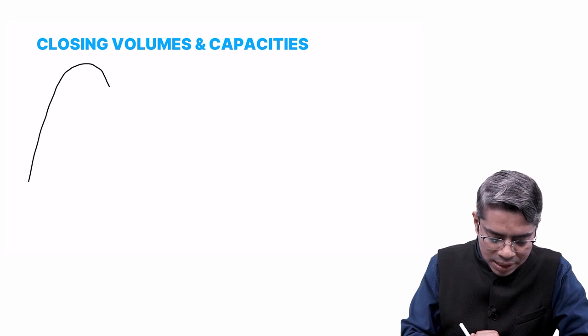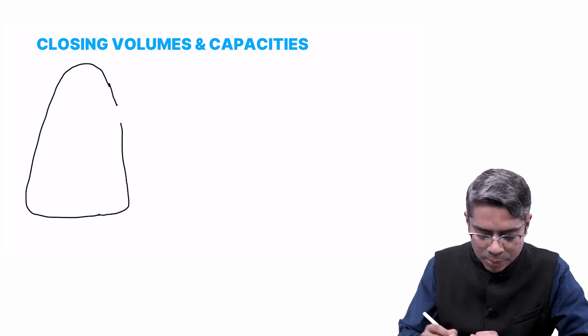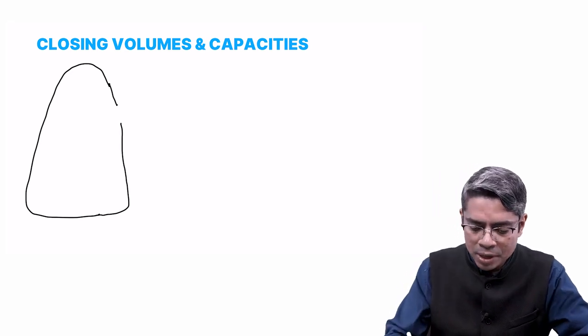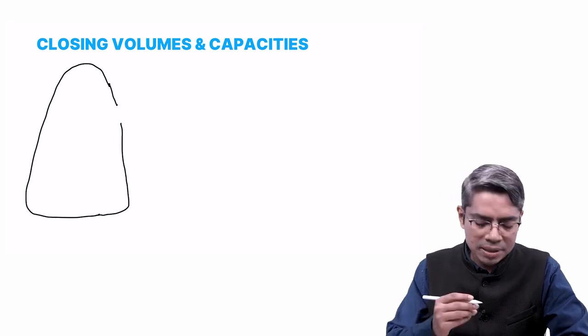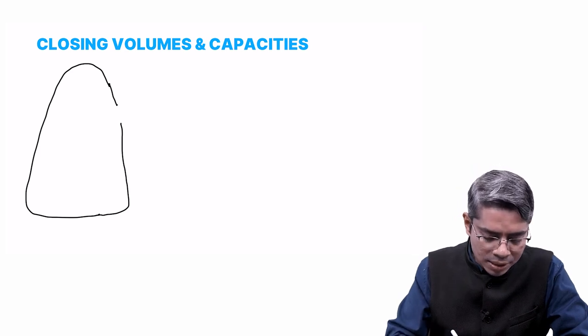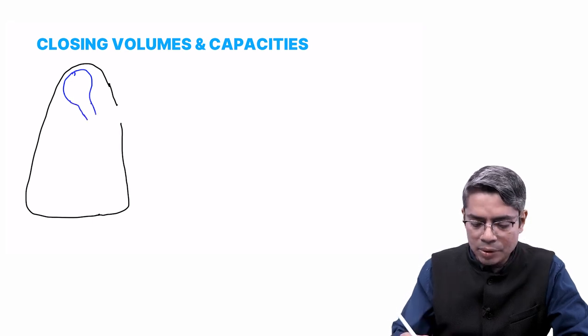So, suppose this is the diagram of the lung, okay. In this diagram, suppose the subject is in an upright posture, means in the sitting posture or maybe in the standing posture. We have already seen in the previous chapter that whenever the person is in an upright posture, the size of the alveoli at the apex is very huge in comparison to the size of alveoli in other parts.